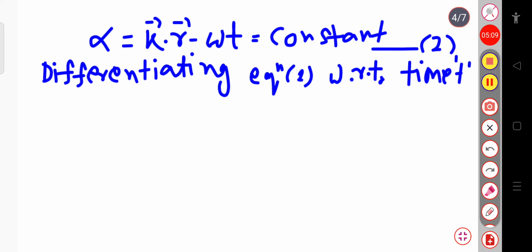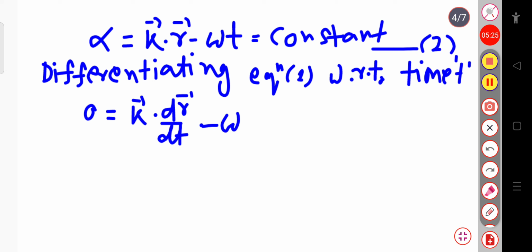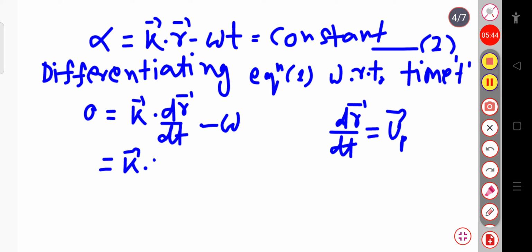This alpha is constant, so d alpha by dt will be 0. This will be equal to k vector, which is constant, dot dr by dt, minus omega, which is constant, into dt by dt, which is 1. Now dr by dt is nothing but the velocity. Suppose I write this velocity as Vp, and we can write it as k dot Vp minus omega equal to 0.